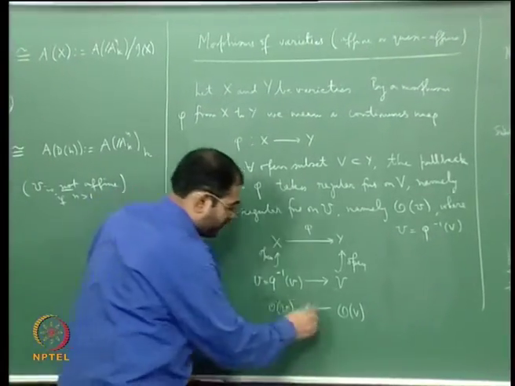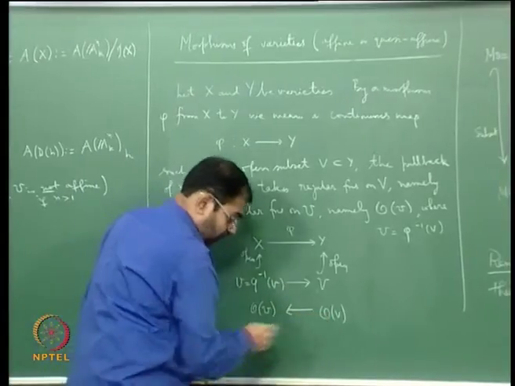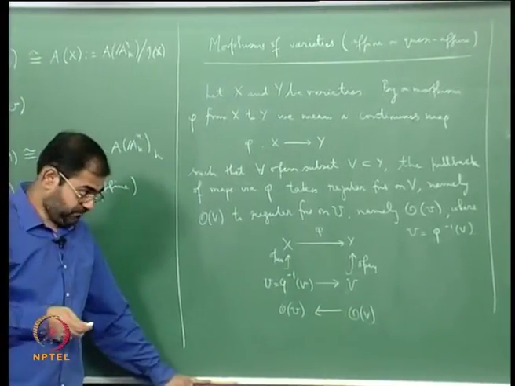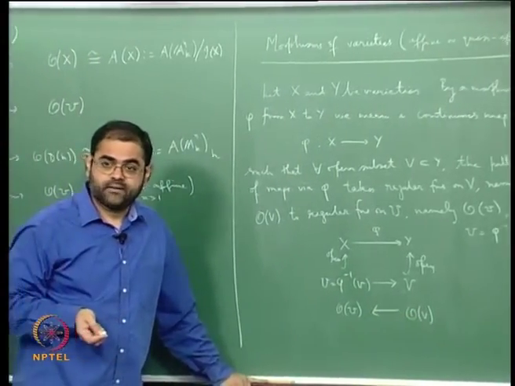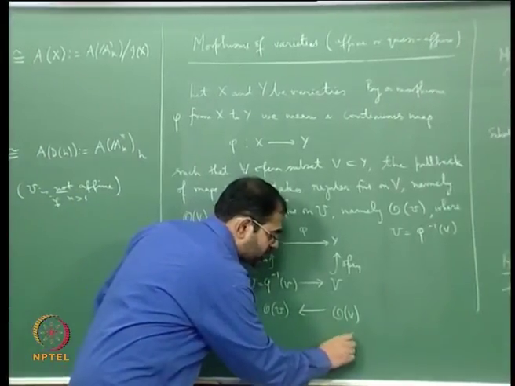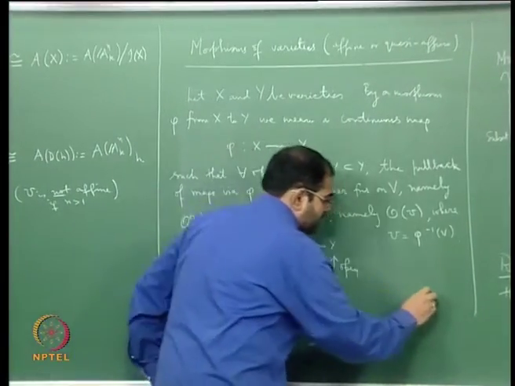And what is this map from O(V) to O(U)? What is an element of O(V)? It's a regular function on V. So what is a regular function on V?